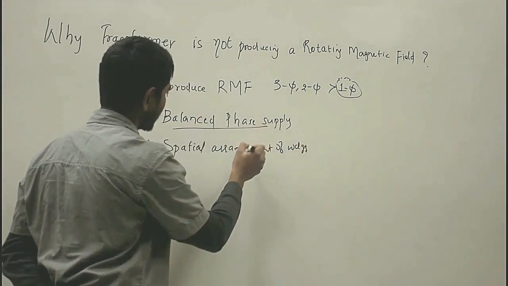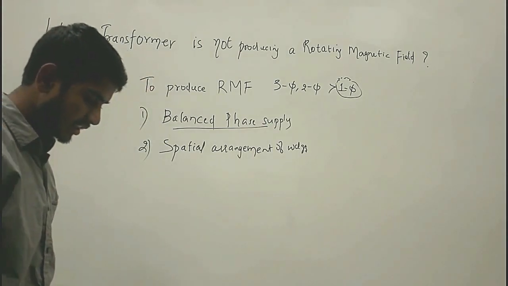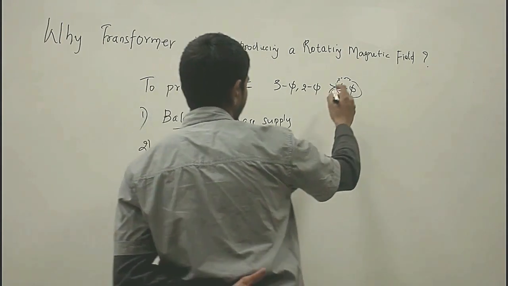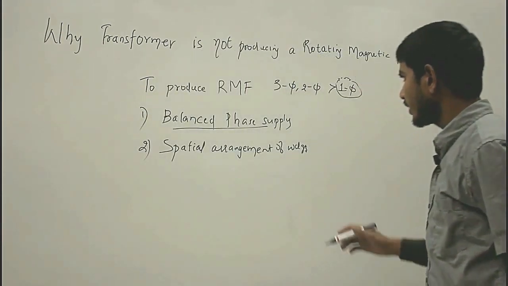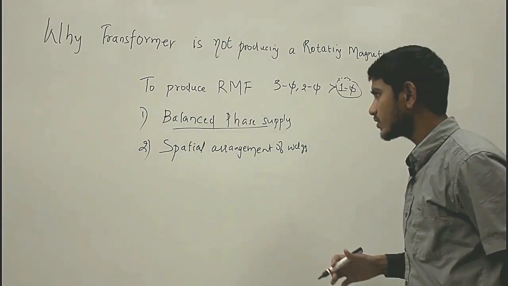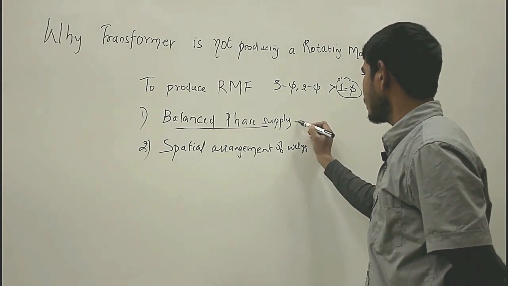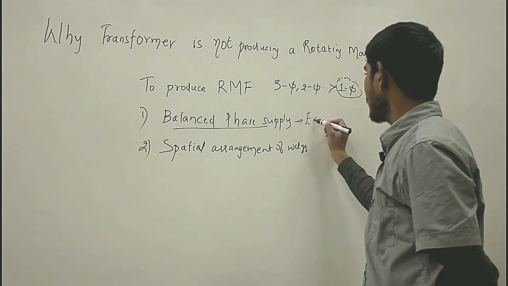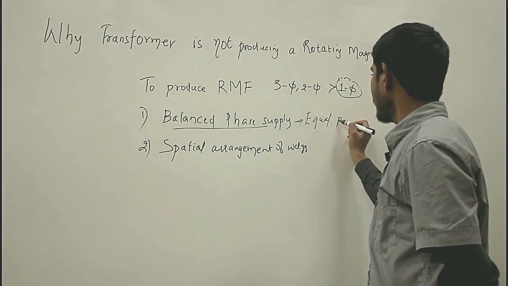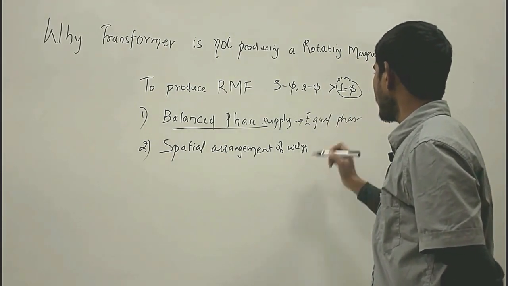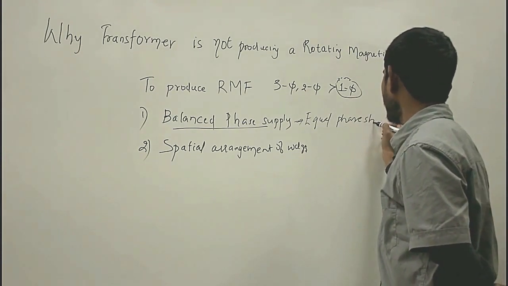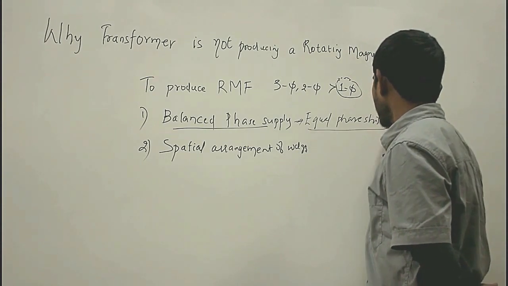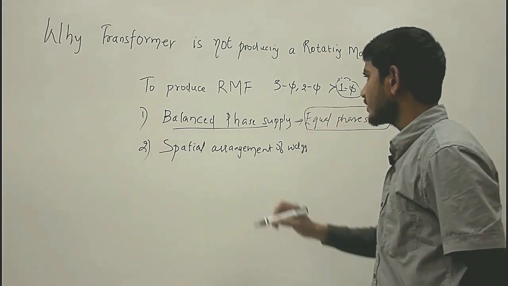Now coming to balanced phase supply, it means either 2-phase or 3-phase or single phase if you are having two windings in single phase, or any for 6-phase, 12-phase. But what happening here is there should be equal phase shift among the currents, then it is said to have a balanced phase supply.